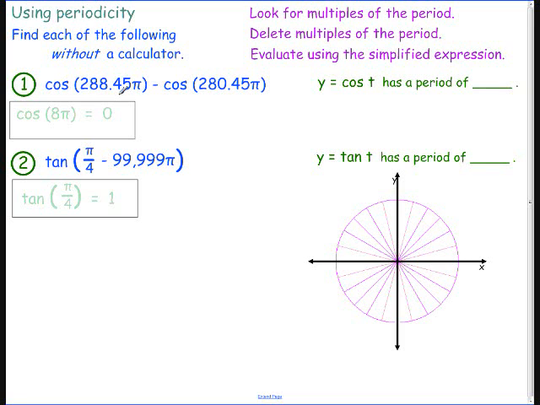Now, I cannot just combine these two, unfortunately. But I can remove multiples. Cosine has a period of 2 pi. So I'm going to look for periods of 2 pi in this one.